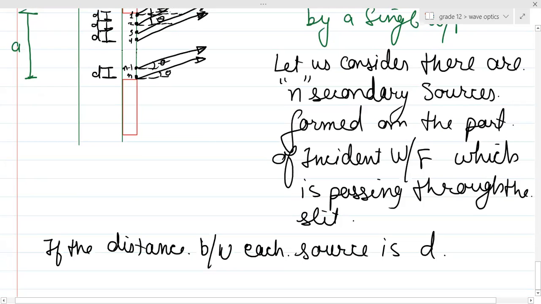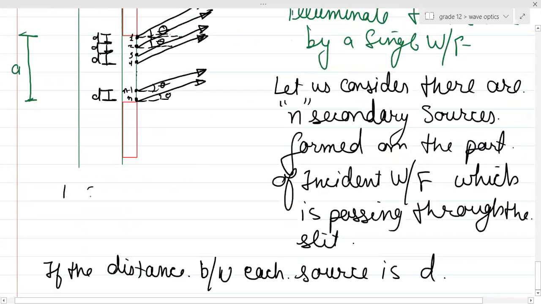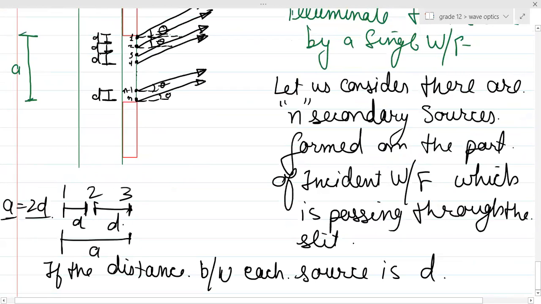Suppose there are three sources, 1, 2 and 3. This distance will be d, and this distance will be d. So can you see over here, the slit width a is equal to twice d. So when you assumed three sources, a was equal to 2d.